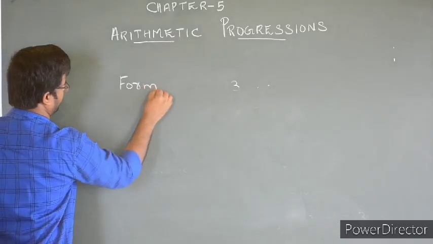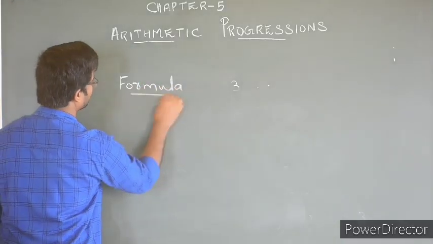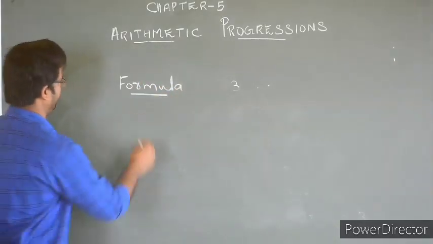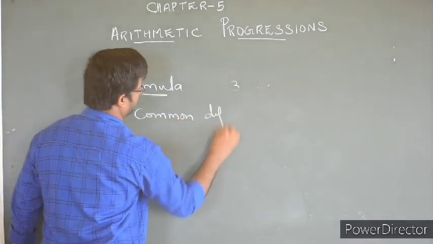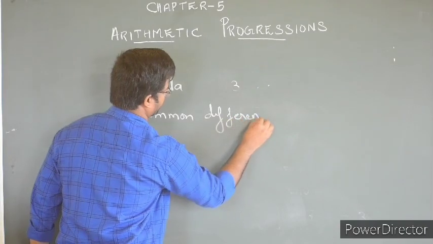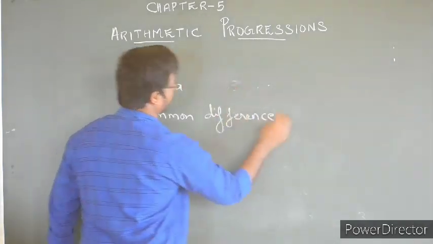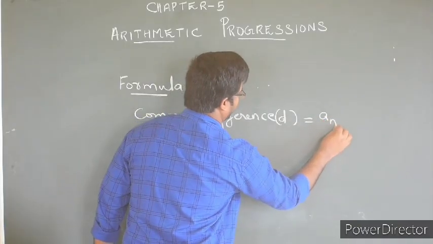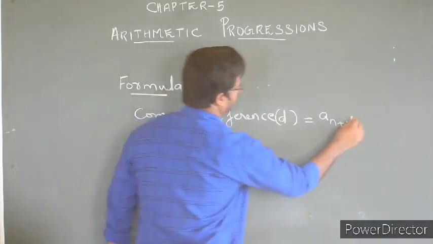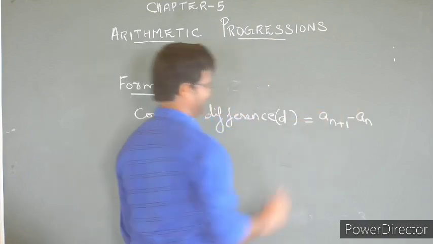Then we have to study one formula for common difference. That is, common difference d equal to a n plus 1 minus a n.